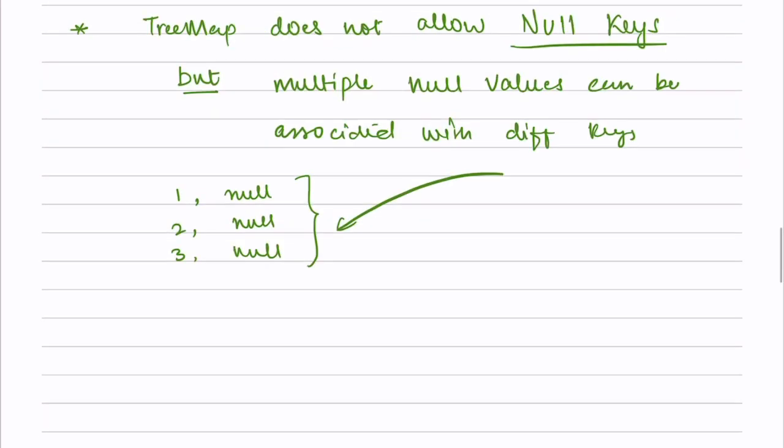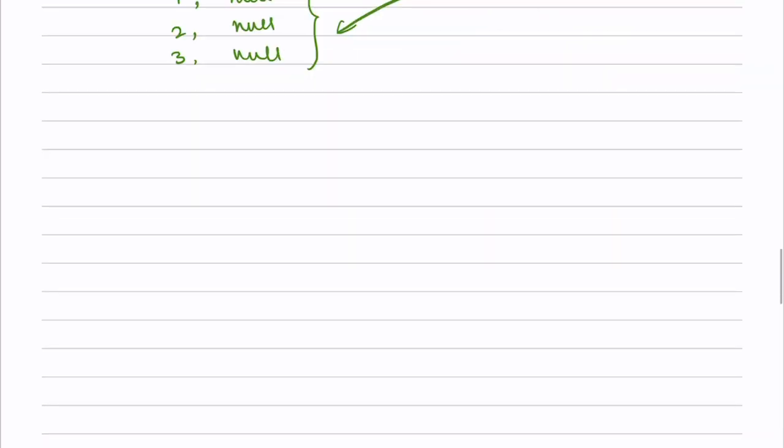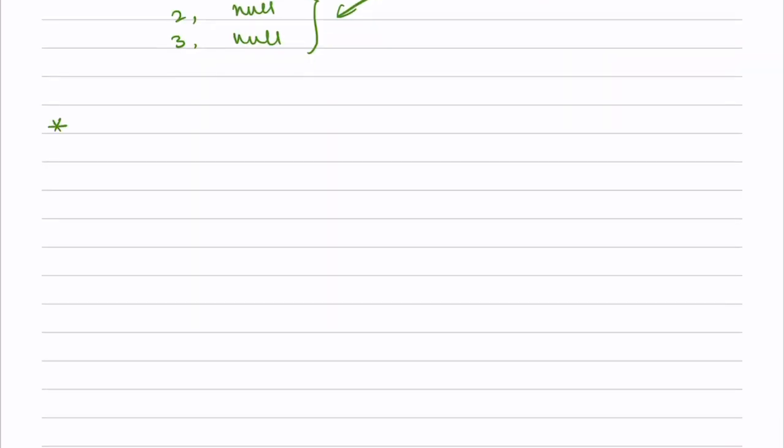So with this we covered it, and one last thing we'll cover. You might wonder what the initial capacity is. Like in the hash map it was 16, do you even think TreeMap really requires an initial capacity? The answer is no, because first of all, the tree itself can grow dynamically, right?